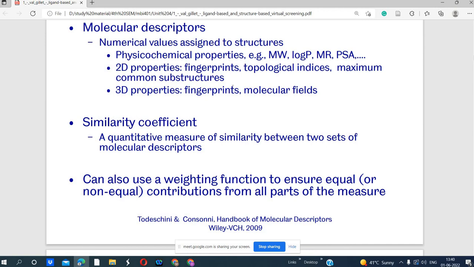How the orange is similar to the basketball, not to the banana. So you can analyze the similarity between two sets of molecular descriptors, to predict the similarity between two molecules, or to predict the difference between two molecules. The similarity coefficient will tell you about the similarity.